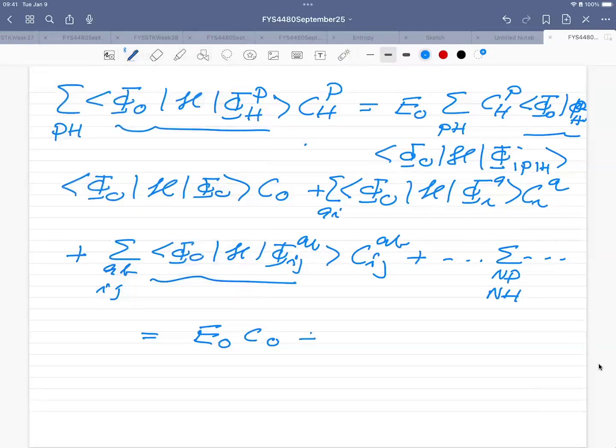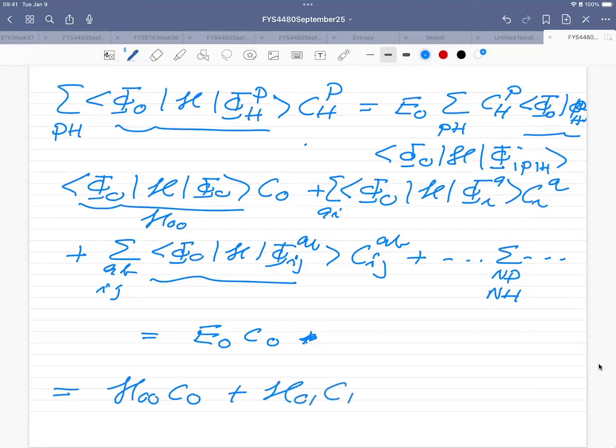So this is going to be equal to, if I call this now H 0, 0, so this is going to be H 0, 0 times C0. And then I'm going to call the next one H 0, 1 multiplied with C1.